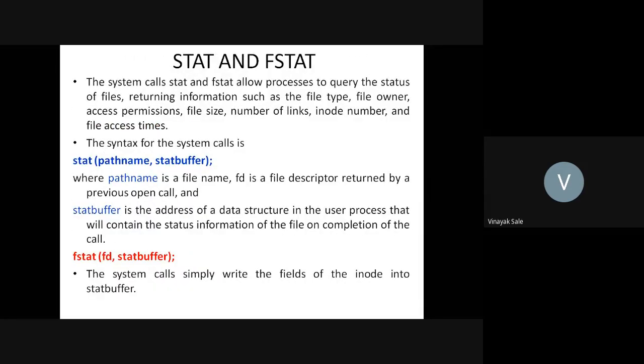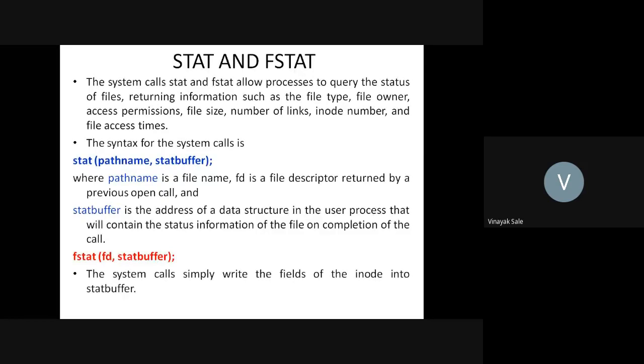Next system calls are stat and fstat. The system calls stat and fstat allow processes to query the status of a file, returning information such as file type, file ownership, access permission, file size, number of links, inode number, and file access time.